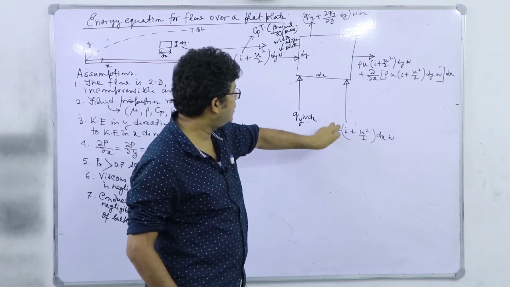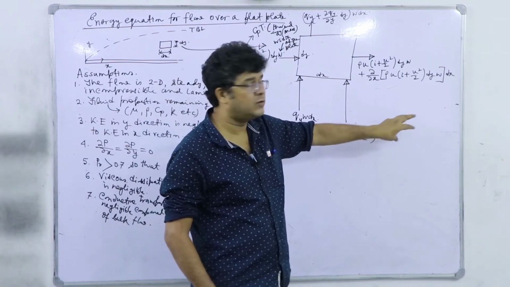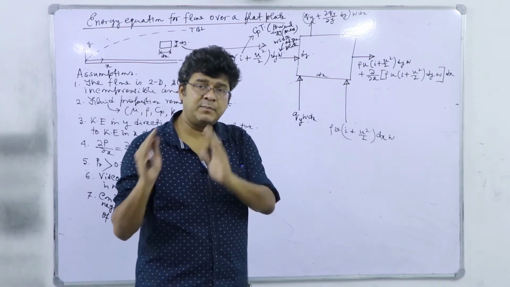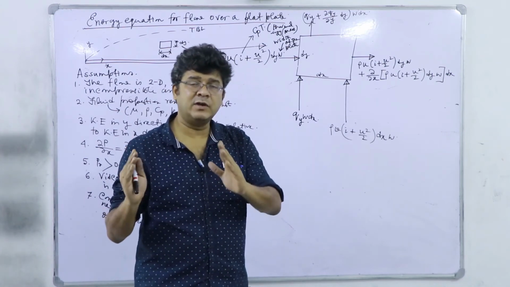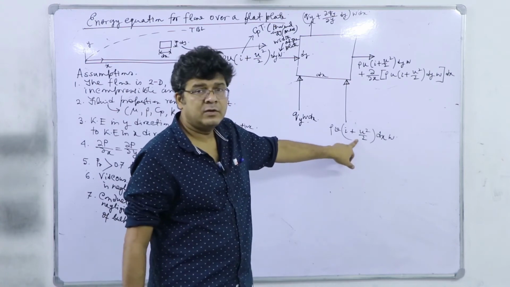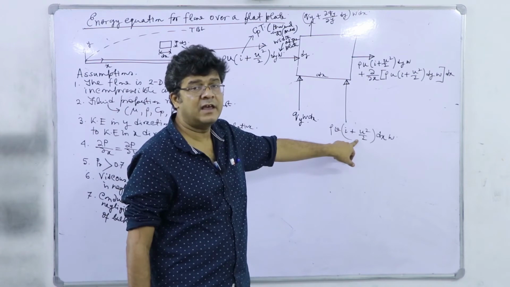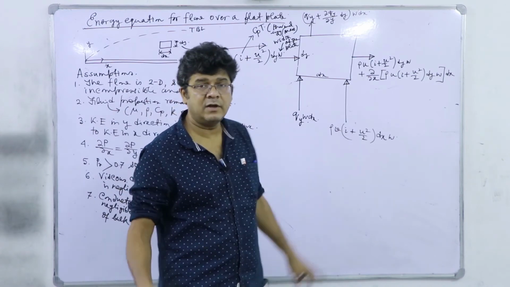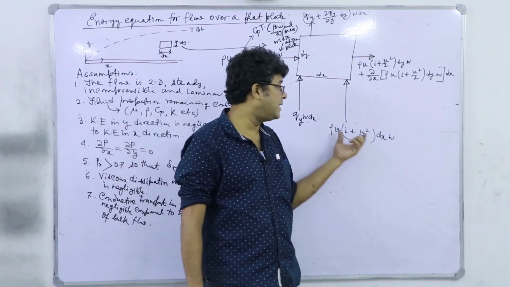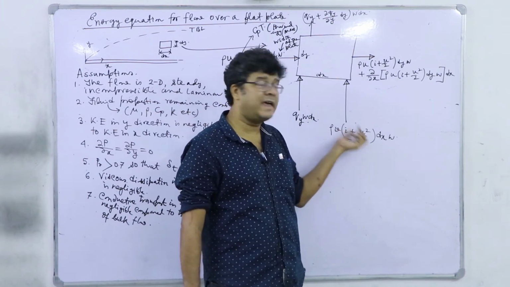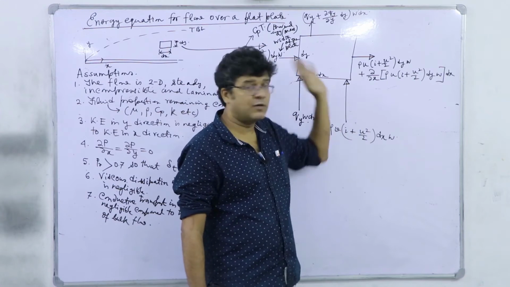So this rho into v into dx into w is the mass flow rate multiplied by energy per unit mass, and that energy, the kinetic energy part, consists only of the x directional velocity, not the y directional velocity, according to our assumption. But that does not mean there will be no energy flow of this x directional kinetic energy along the y direction.